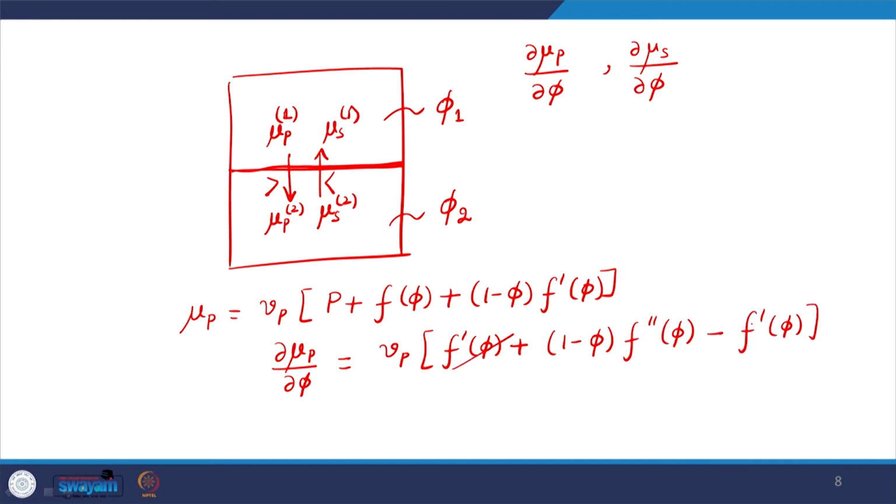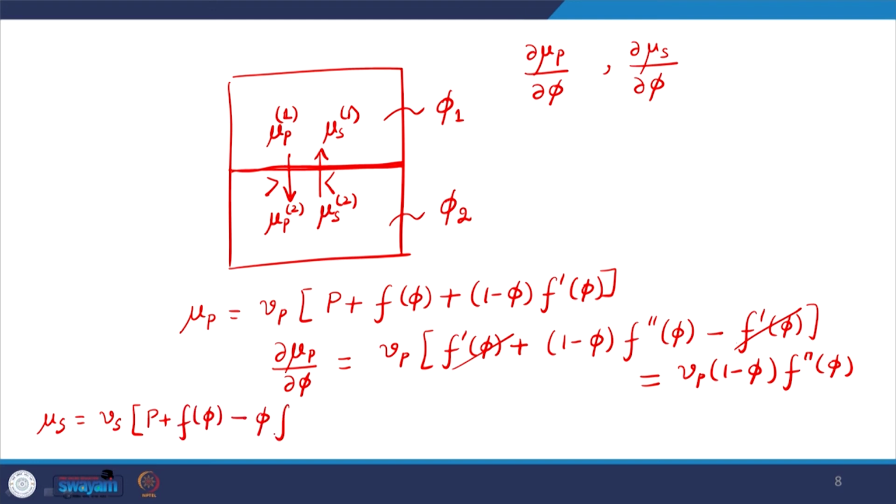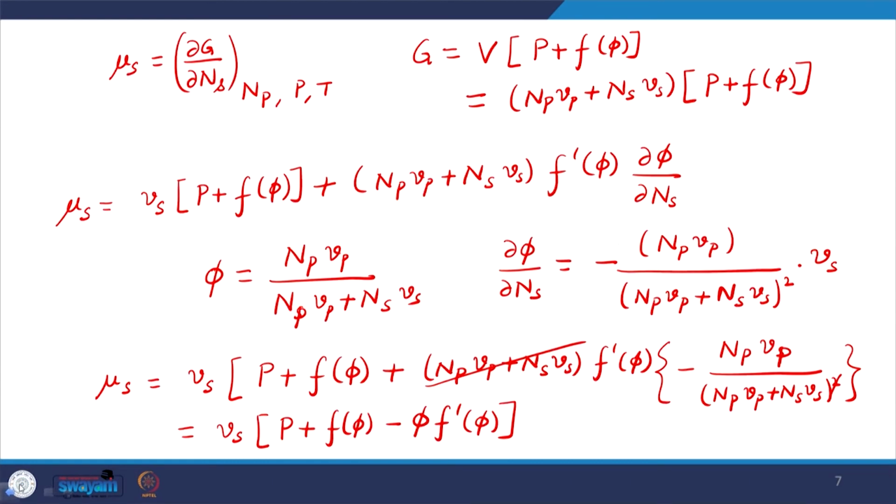So we have some cancellation. So ∂μp/∂φ is essentially Vp multiplied with (1 − φ) multiplied with f''(φ). On the other hand, μs we have obtained as Vs multiplied with (P + f(φ) − φ f'(φ)) as we had obtained previously.